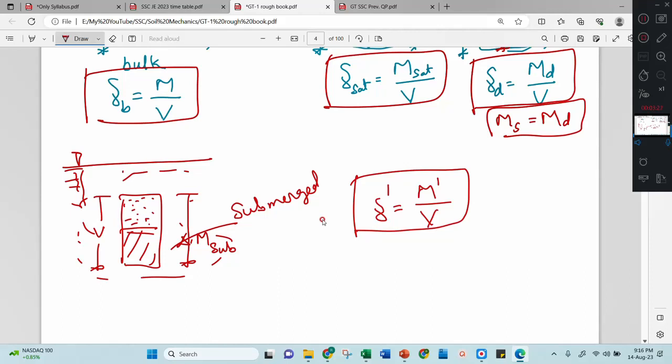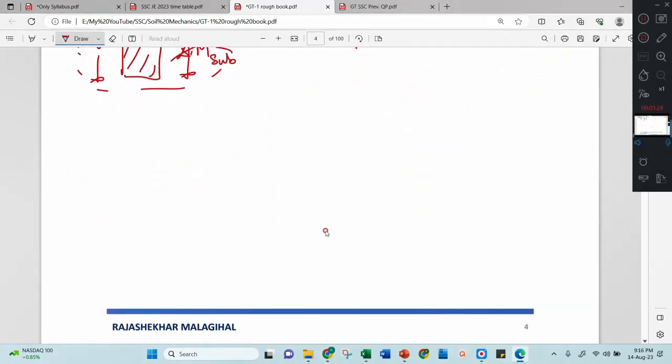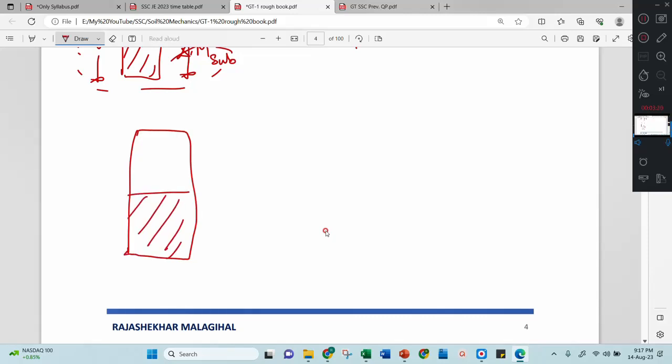Apart from this, we have two more densities. Let us consider this is your solids and this is your water. Then this is your mass of water and this is your volume of water, and this is your mass of solids and this is your volume of solids.